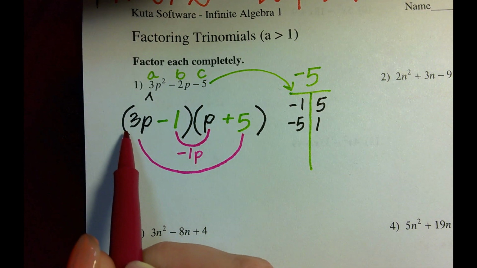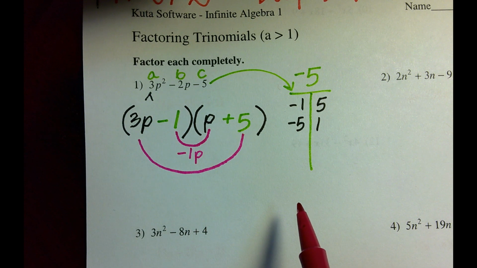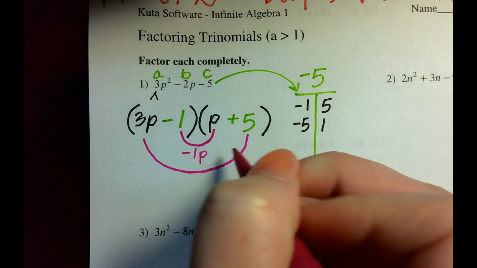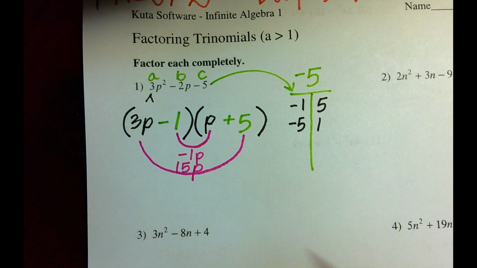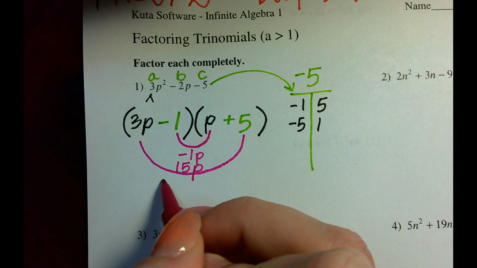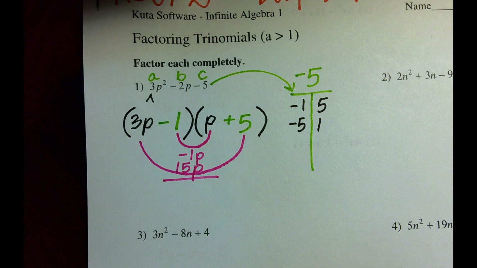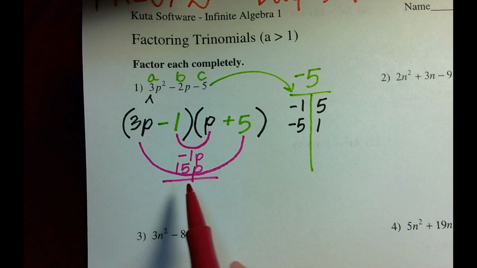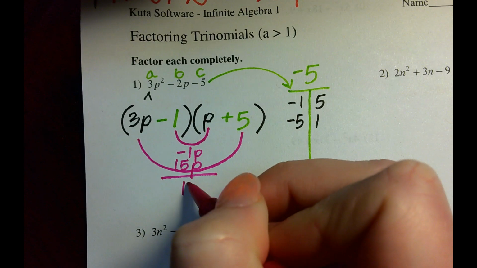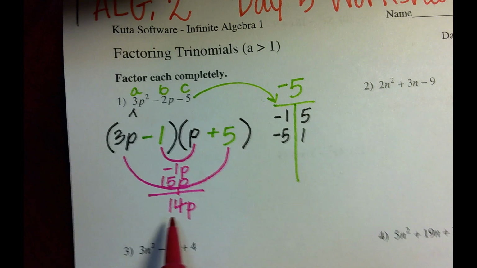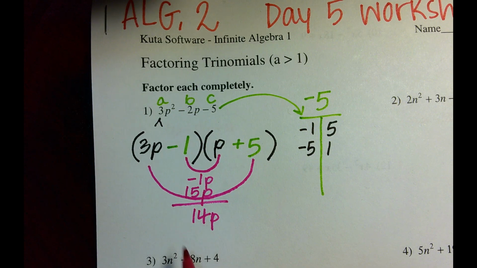And 3p times +5, 15p. Okay, 15p. Now, what do we do next in this method? We're going to add them together. So 15 minus 1 is 14p.